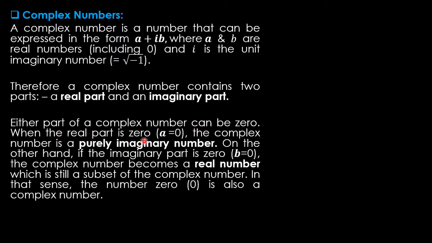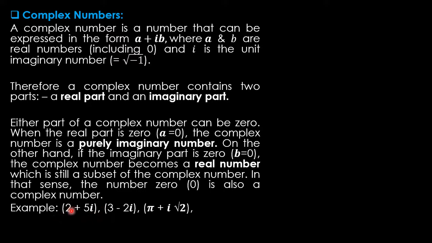When the real part is 0, meaning a equal to 0, the complex number is a purely imaginary number. On the other hand, if the imaginary part is 0, meaning b equal to 0, the complex number becomes a real number, which is still a subset of the complex numbers. In that sense, the number 0 is also a complex number.